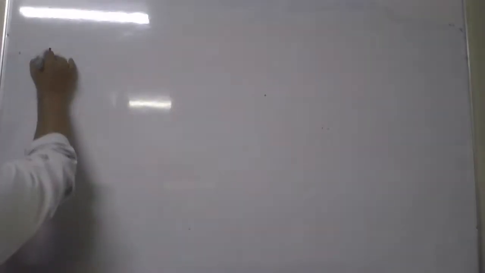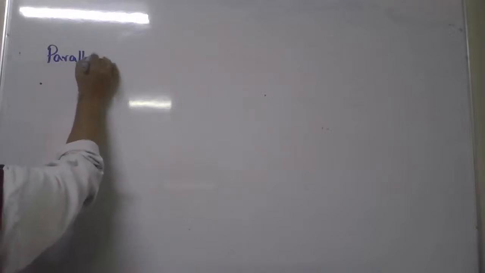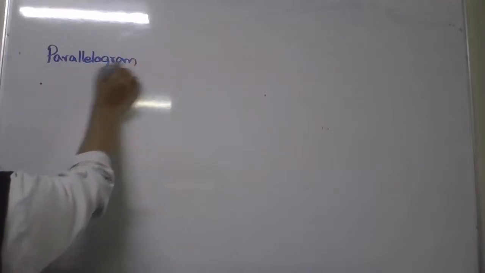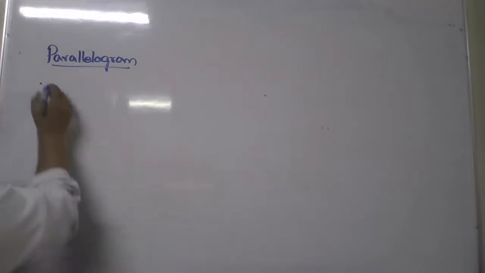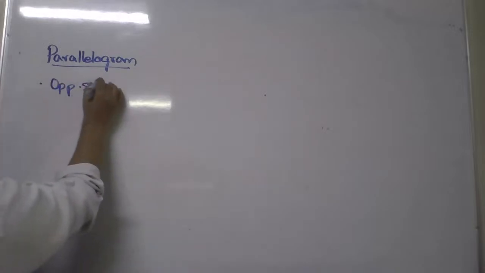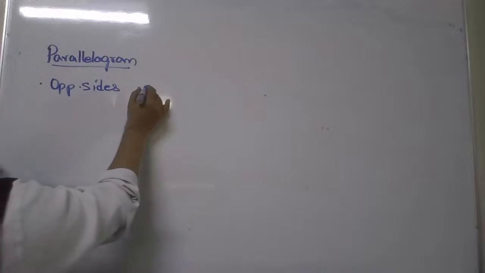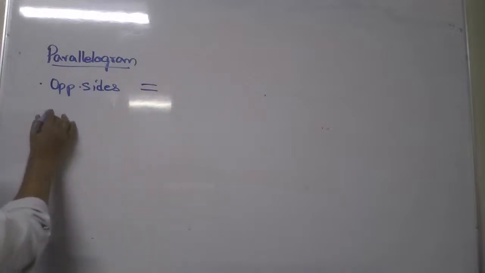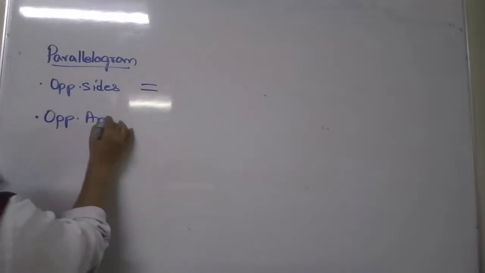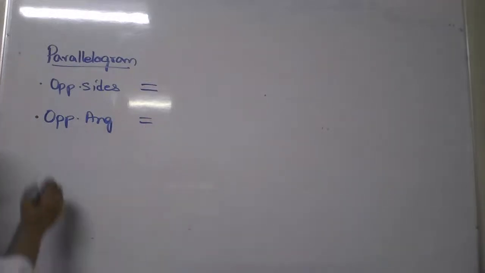We have seen the types of quadrilaterals and also properties of parallelograms. So let me briefly explain within 3-4 minutes. So what is the difference between a parallelogram and, so let me write a parallelogram. So this is parallelogram, right? This is parallelogram. So what are the properties of parallelogram? Opposite sides are equal. And what about opposite angles? Opposite angles are also equal.